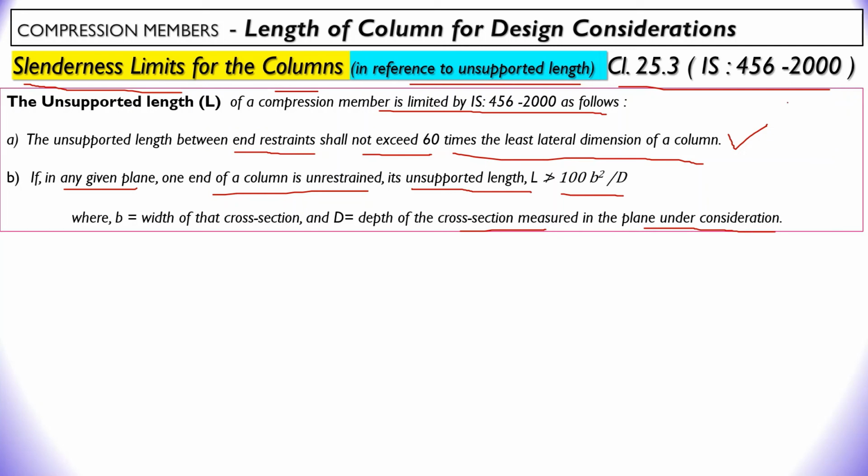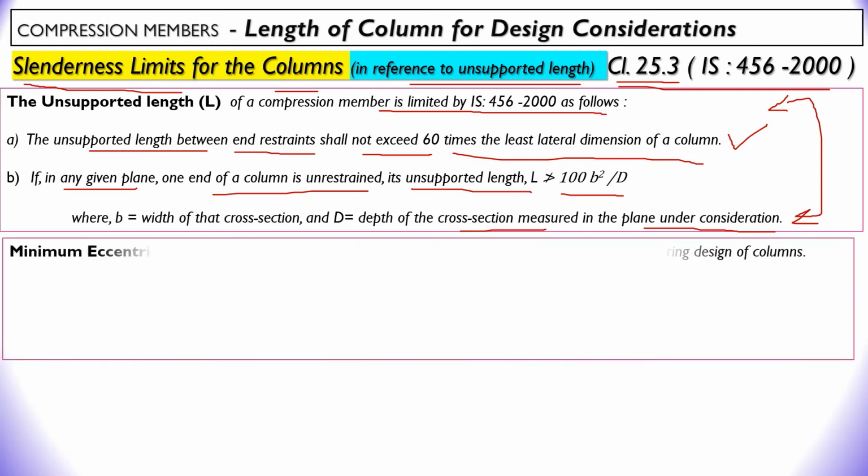So when you are going to calculate the unsupported length of a column, you have to take into consideration this clause number 25.3. That means we can apply a check that the unsupported length should not exceed these two conditions which we have discussed so far.